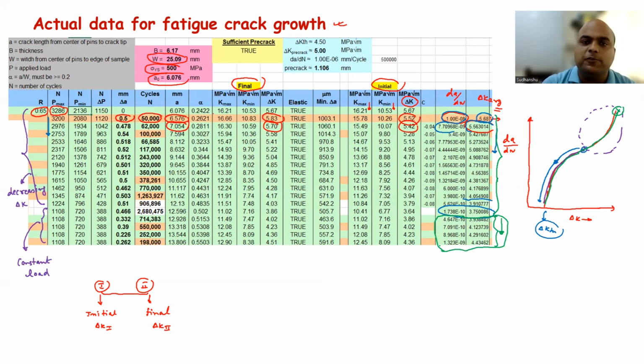And then you are going to follow a constant amplitude loading experiment. That means you are going to increase the crack length, and that means you are going to increase delta K. So you again follow the same curve, and then you can determine the leftover part from before, and then your sample is going to fail.